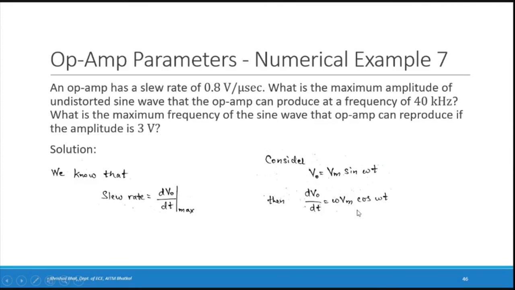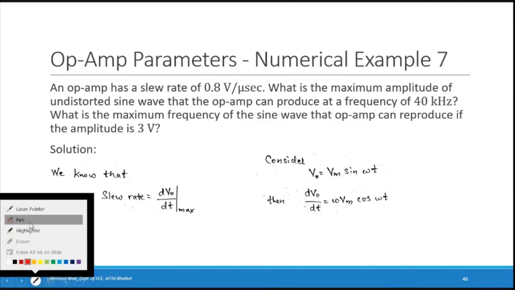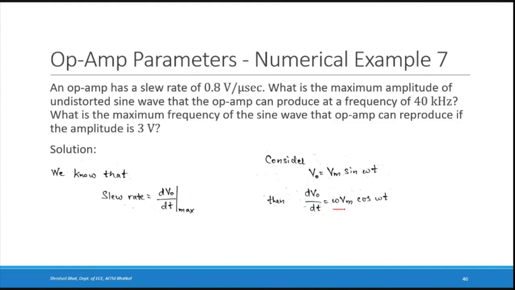Now, what is the maximum value of this? The maximum value is omega into Vm. That means slew rate is equal to omega into Vm. Now, what is omega? Omega is the angular frequency in radians per second.